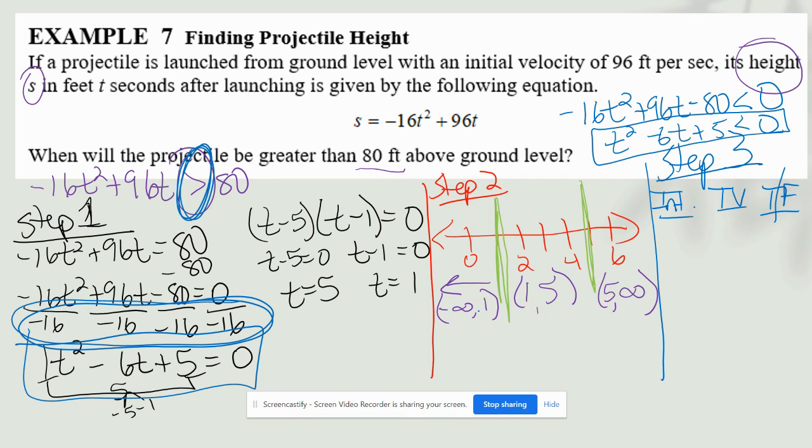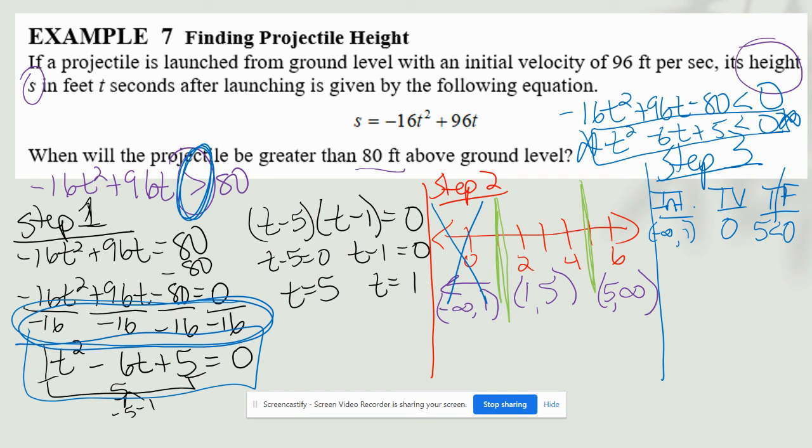So I can pick any value I want for the interval between negative infinity and 1. I'm going to go ahead and pick 0. Plug 0 in. I'm going to plug it into this new equation there. And we get 5 is less than 0.